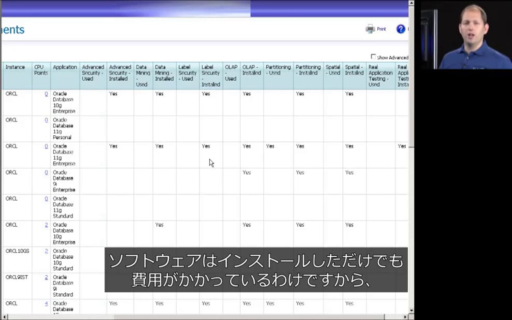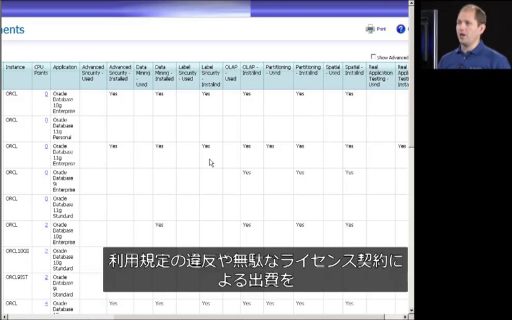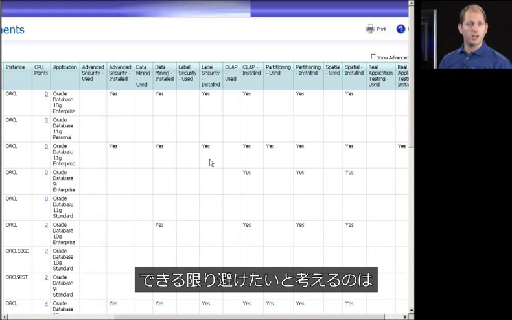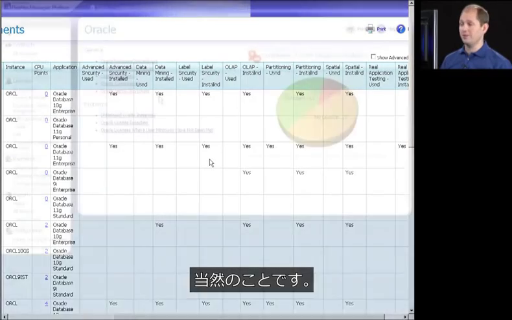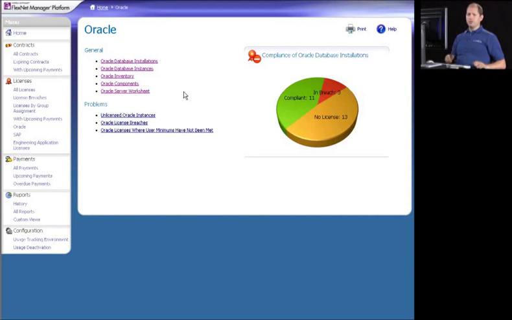So having a lot of unmanaged installed products out there that cost you money once they are used is something that many organizations want to control, so that they don't become quickly non-compliant or incur unneeded or unnecessary licensing cost.